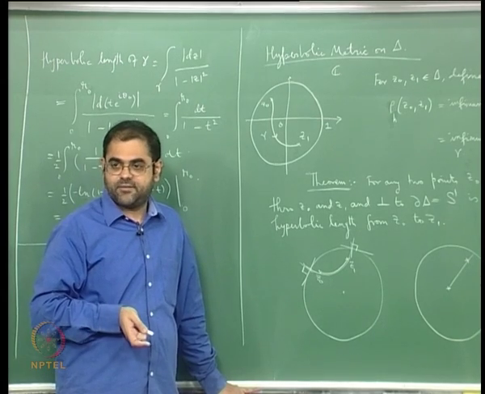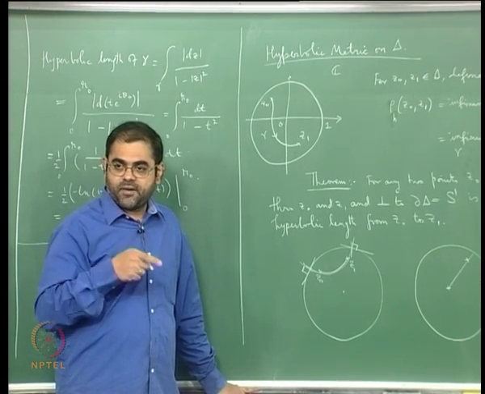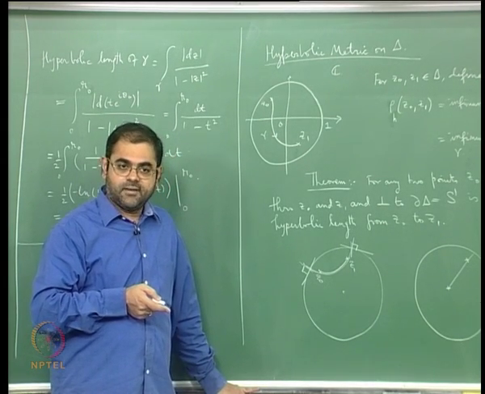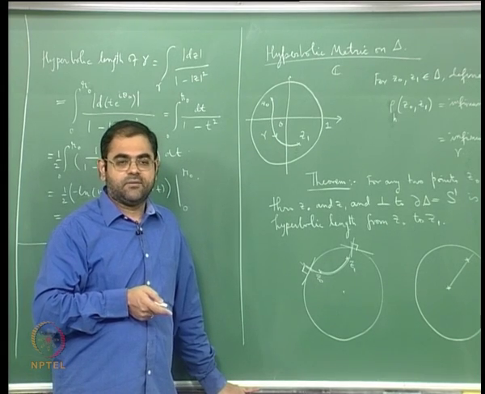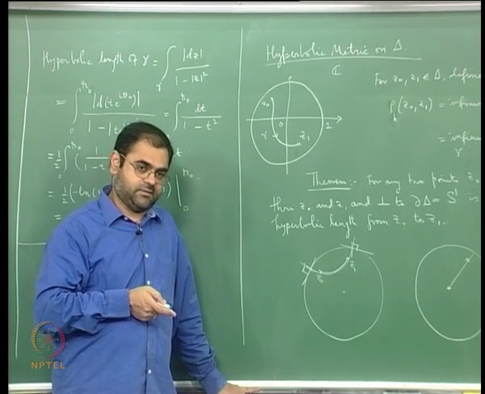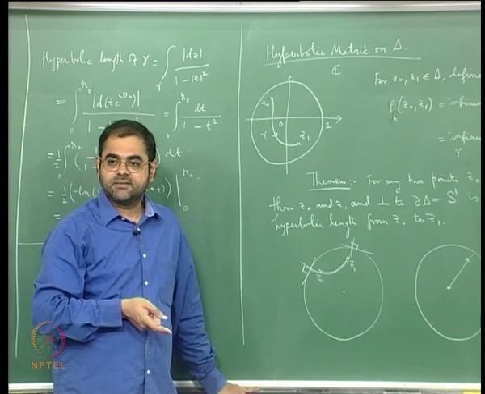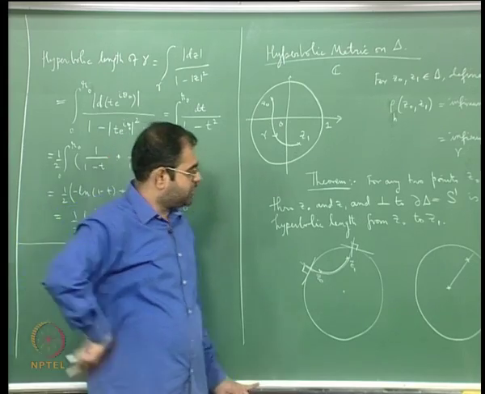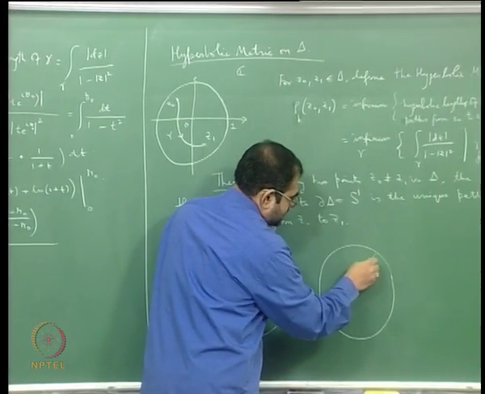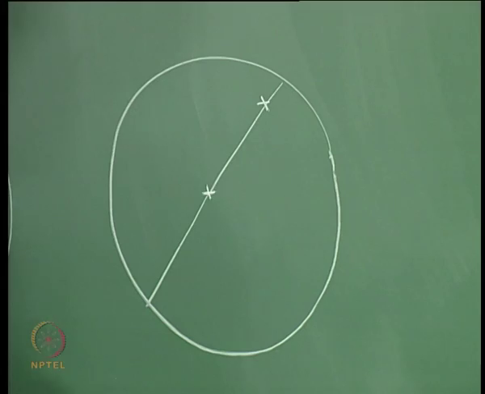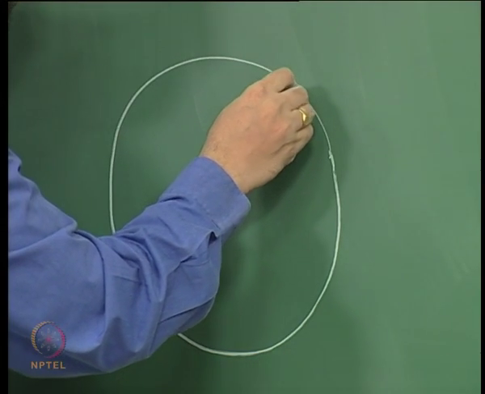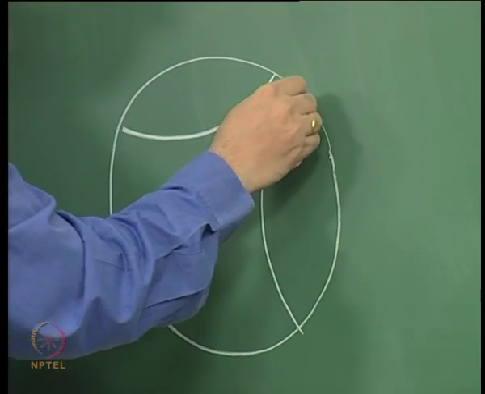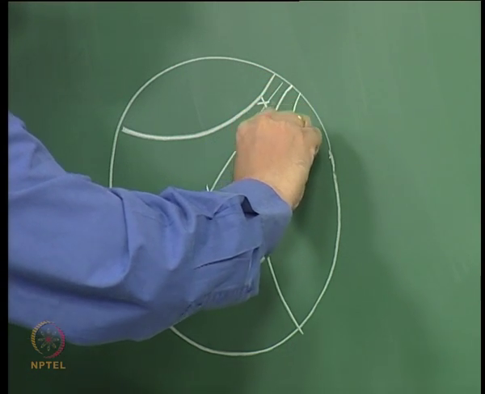Any diameter is a geodesic, because if you try to find a circle passing through 2 points which lie on a line, in principle there is no circle, but you think of straight lines also as circles with the third point at infinity. So the geodesics will look like this: any diameter will be a geodesic. Then if you go a little to the left, the geodesics will become like this, and if you get smaller, the geodesics will become smaller.